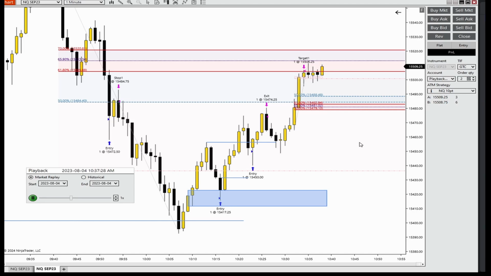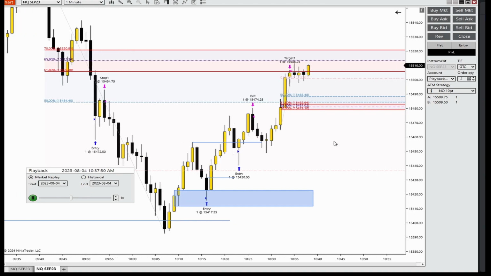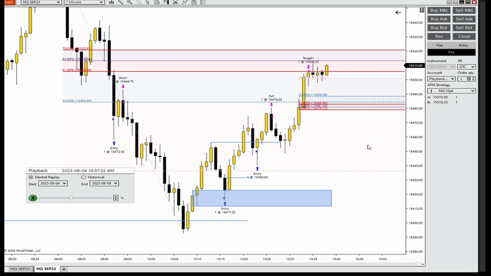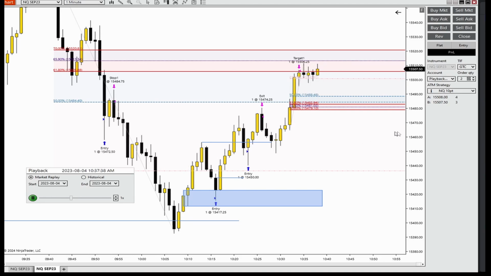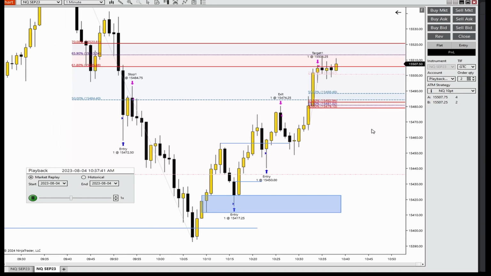Let's be honest, two things are going to get wrecked here. We got 1175, 1125. Looks like a bull flag.